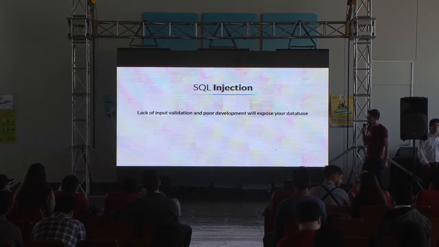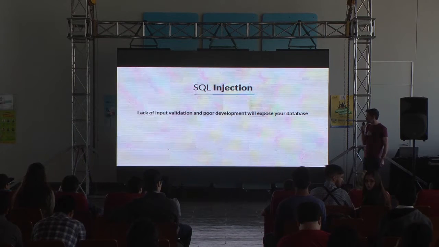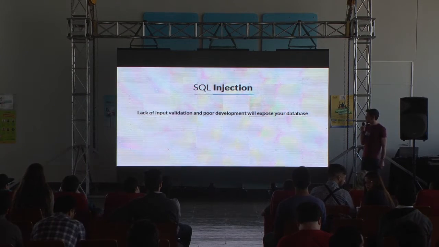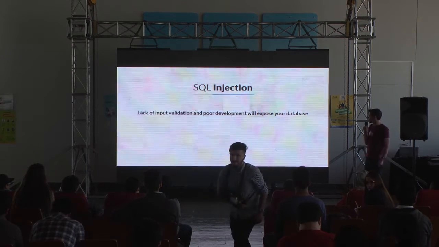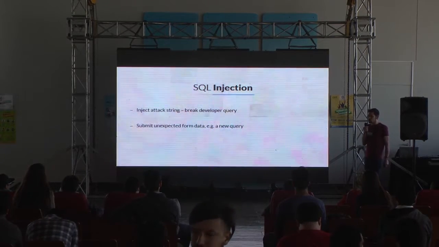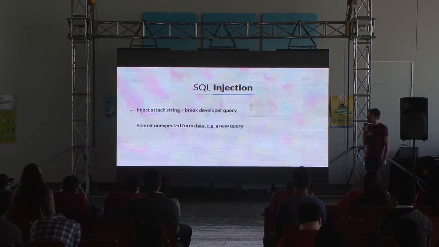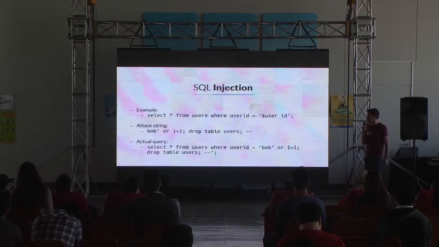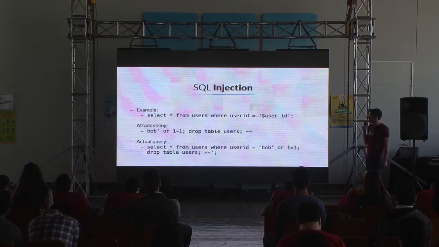So SQL injection, everybody's probably heard of it, but maybe not a lot of people know what it is. Essentially, if you don't validate input coming from a user, you can expose everything from your database to anybody. And this is done by injecting an attack string, which will break the original query as designed by the developers, using form data submitted on maybe a registration page or a login page.